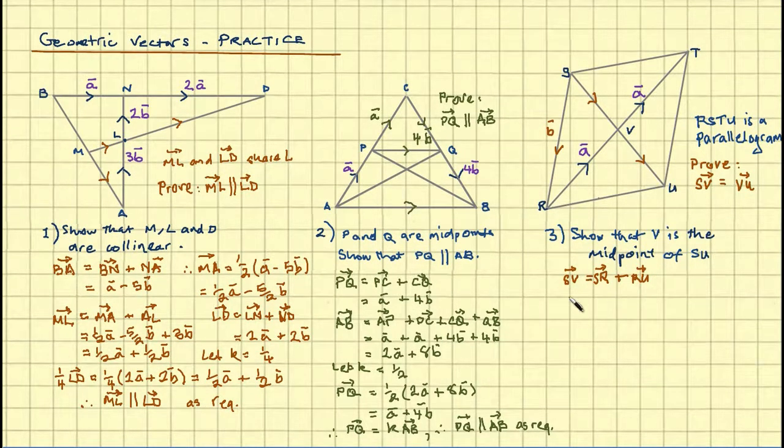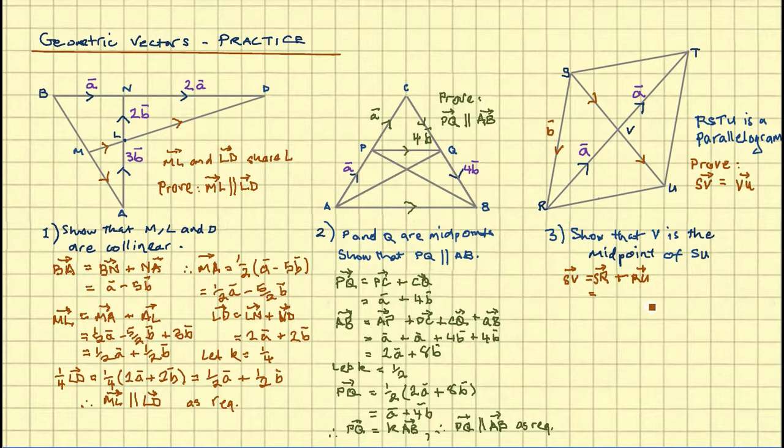So now we've got an expression for S to V. The next thing we need to do is fill in our A's and B's. Okay, so there we go. S to R is B and R to U is A. But I'm going to commute them because I just want them in order.